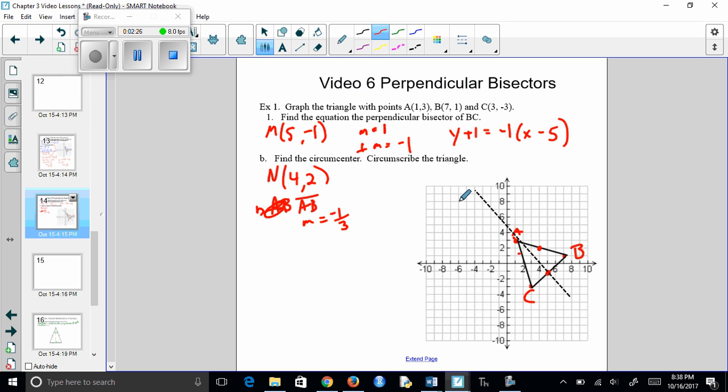So the perpendicular slope is going to be positive 3. So it'll be something like this. Now we just need to find that intersection point. So if I write this out, we know n is on that, so y minus 2 is equal to 3 times x minus 4. And I'll solve this for y.